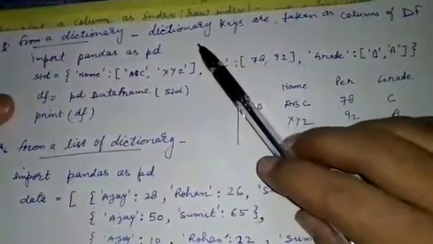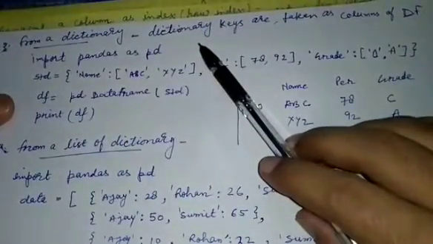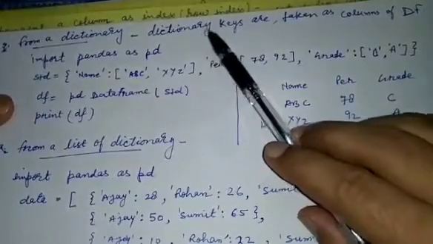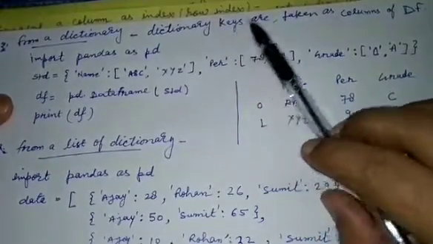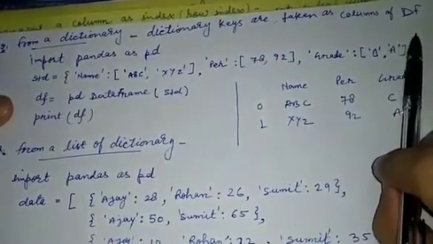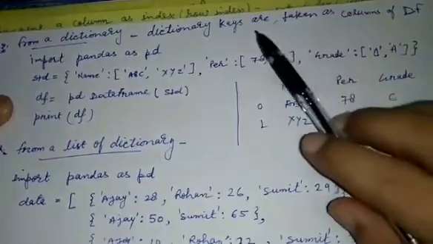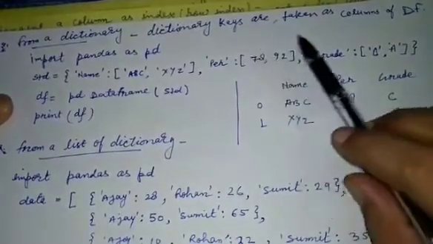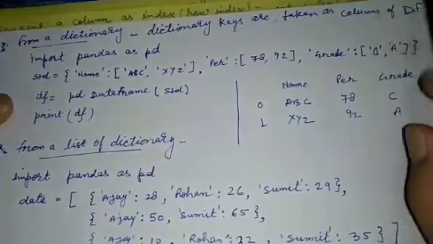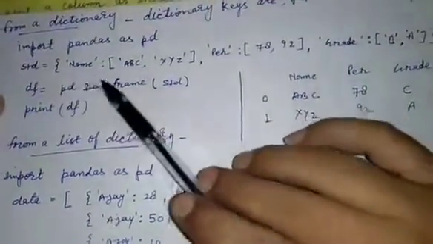So you know a dictionary has key-value pair elements. Dictionary keys will be taken as the columns of the data frame. Automatically the keys of the dictionary will be taken as the column names for the data frame. So let's start.